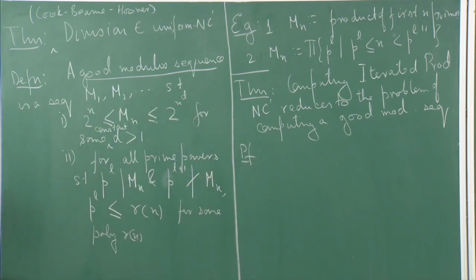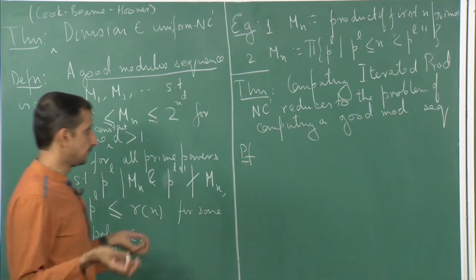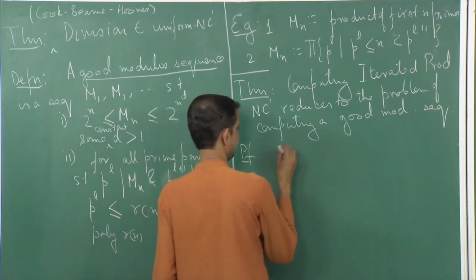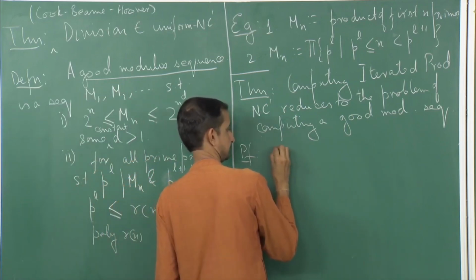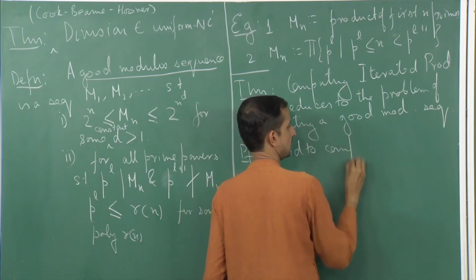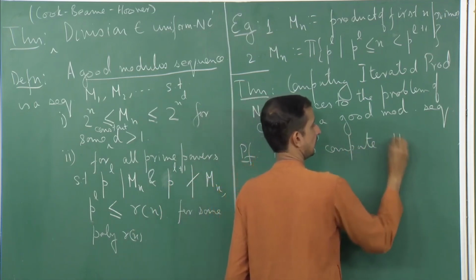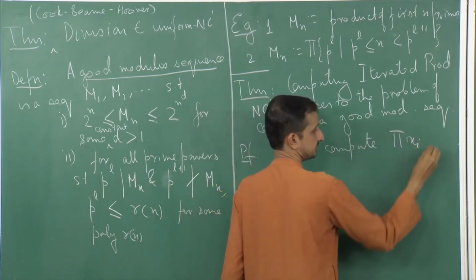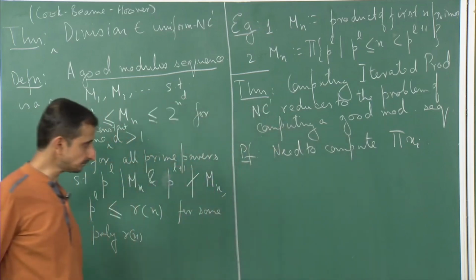So we want to compute iterated product, so we are given x1 up to xn and we need to compute this term, right, given x1 through xn.